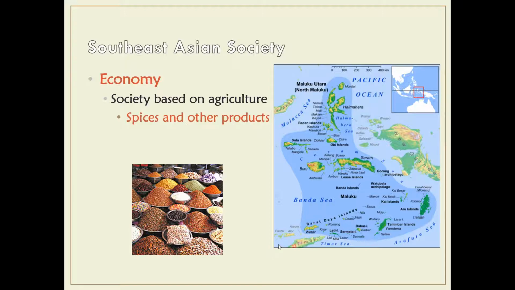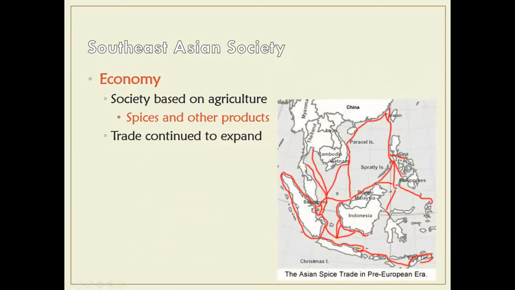You see here the famed Spice Islands, where most of these spices originated, things that we take for granted to this day. As Southeast Asia grows, as empires grow, and as China, India, and Muslim empires begin to take more notice of Southeast Asia, you have the Asian spice trade growing.